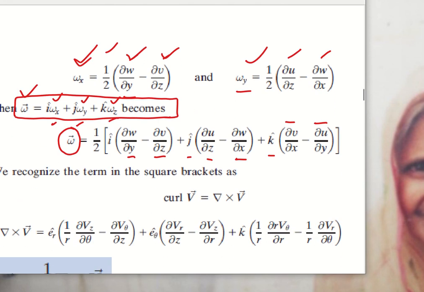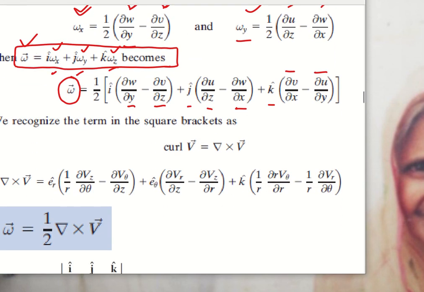Now these 1, 2, 3 terms are also represented by curl of v. What is curl of v? Del cross v vector. So this is for the sake of simplicity.